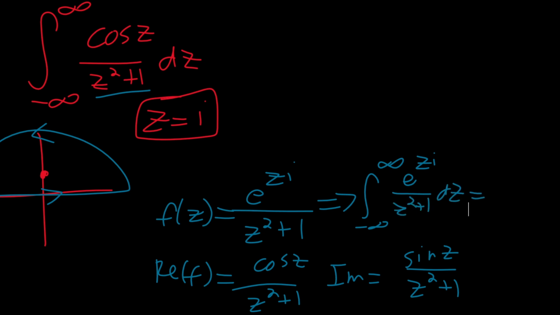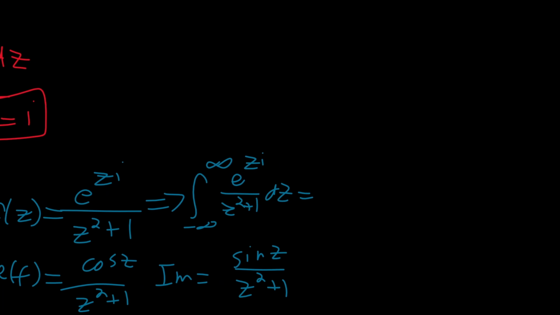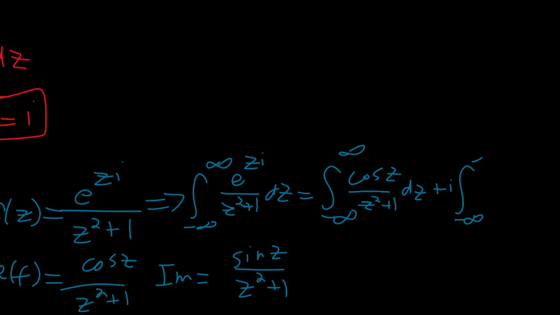Well, that's just going to be equal to, if I scoot this on over, the integral, if we split the z term up, of cosine of z over z squared plus 1 dz plus i times the integral from negative infinity to infinity of sine of z over z squared plus 1 dz.